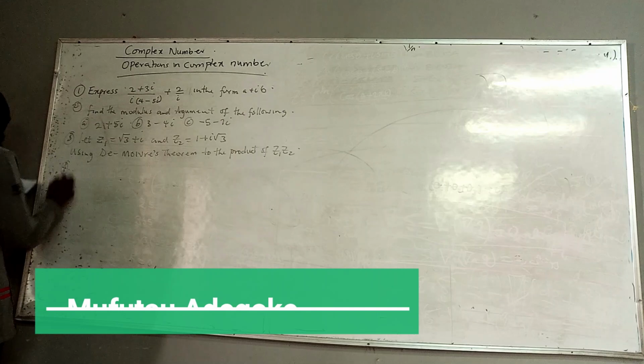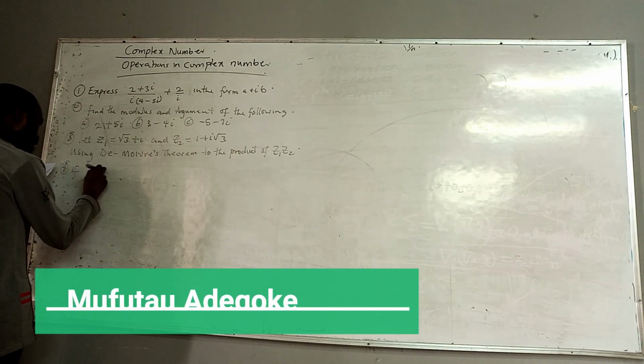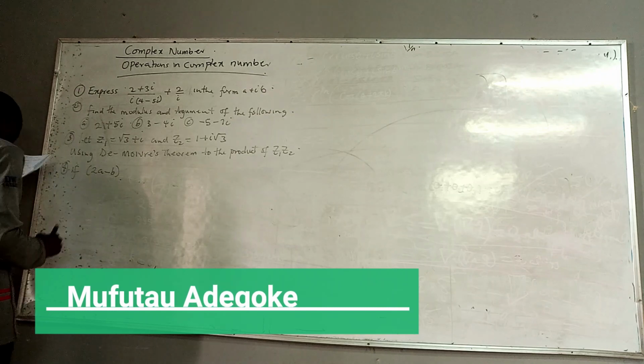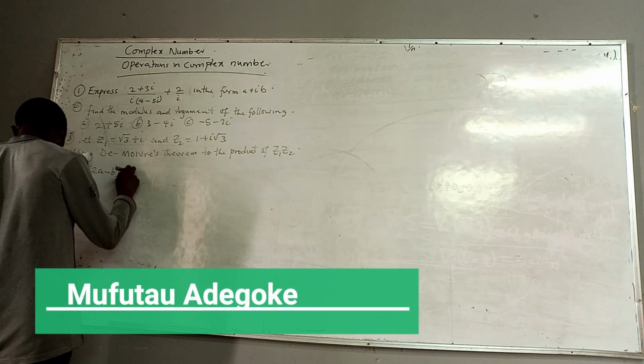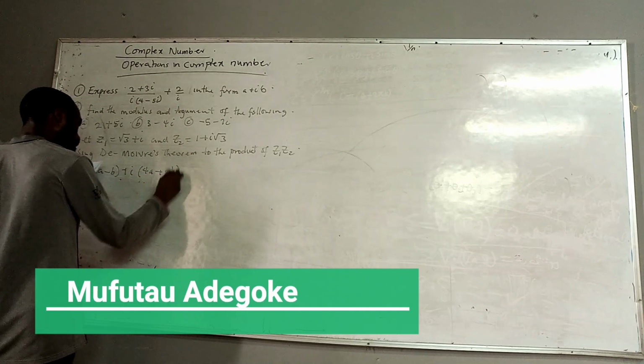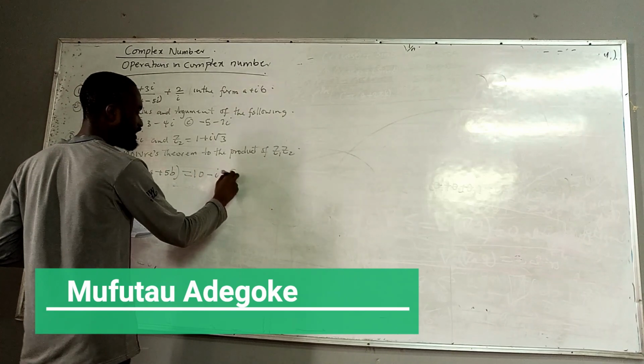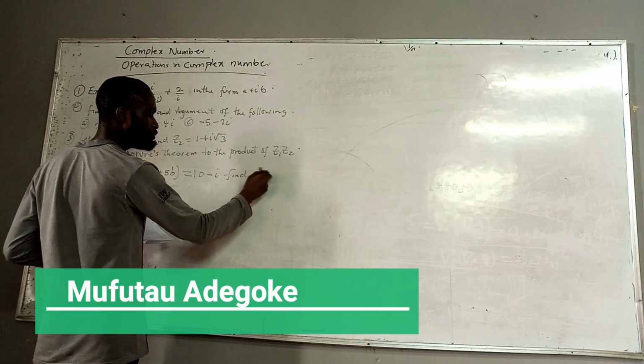Number 4, if (2a minus b) plus i(4a plus 5b) equals 10 minus i, find a and b.